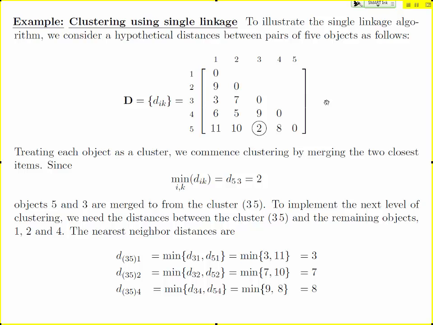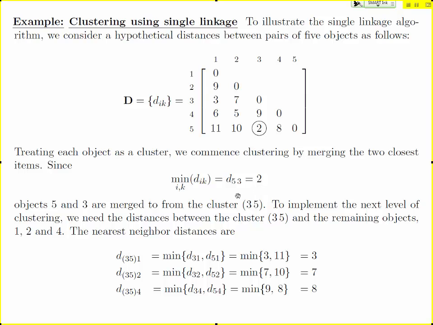There will be zeros on the diagonal because those are just distances between one thing and itself. So 2 corresponds to item 3 and item 5. If we said D53 was matrix D, 5th row, 3rd column, that's the number we're talking about. That's 2.